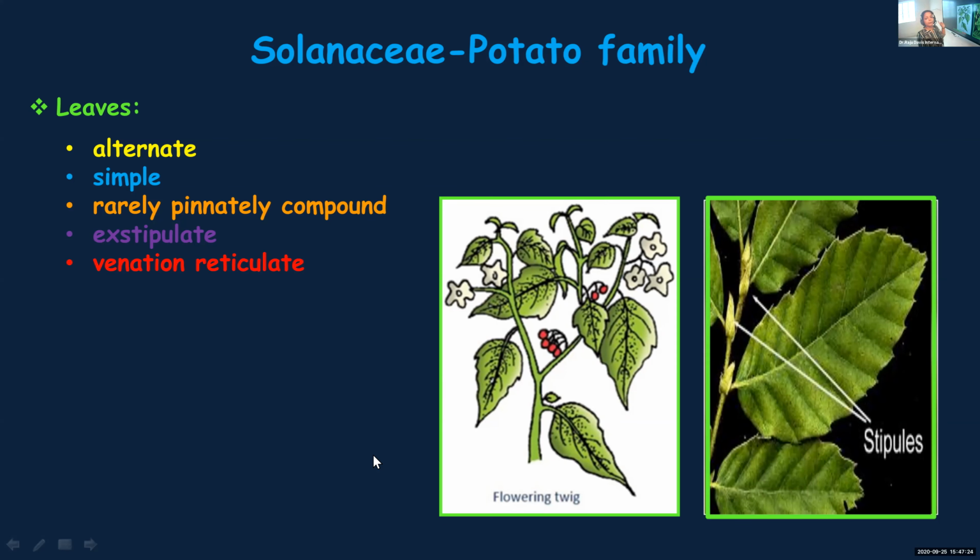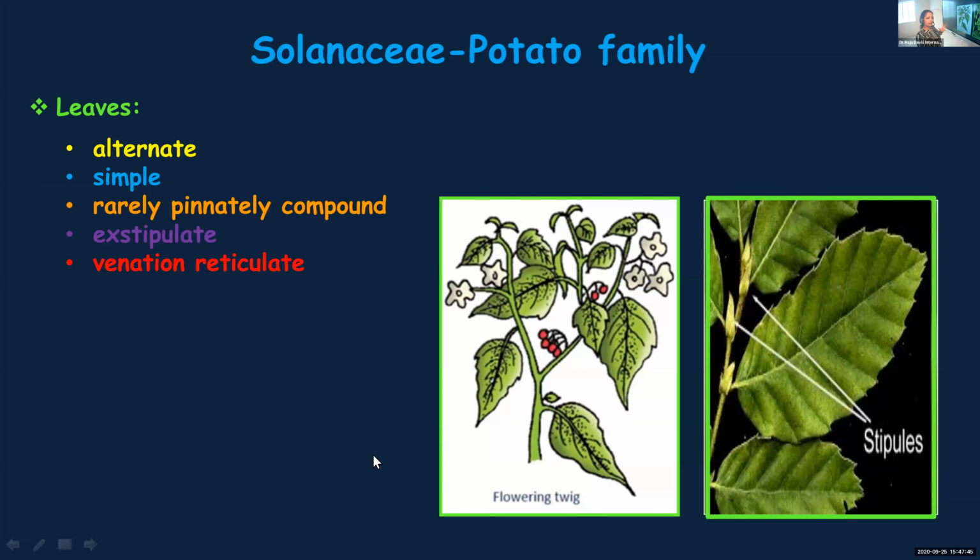The Solanaceae family is without stipules, but what you see in the figure are stipules. They are leaf-like structures, normally found in pairs at the base of the leaf stalk.